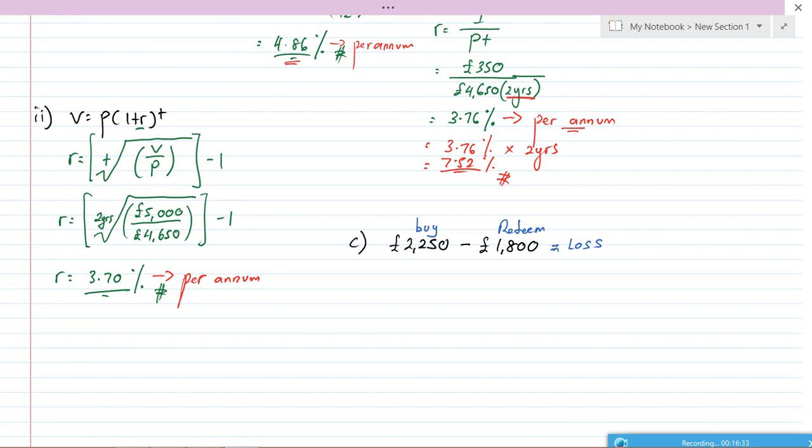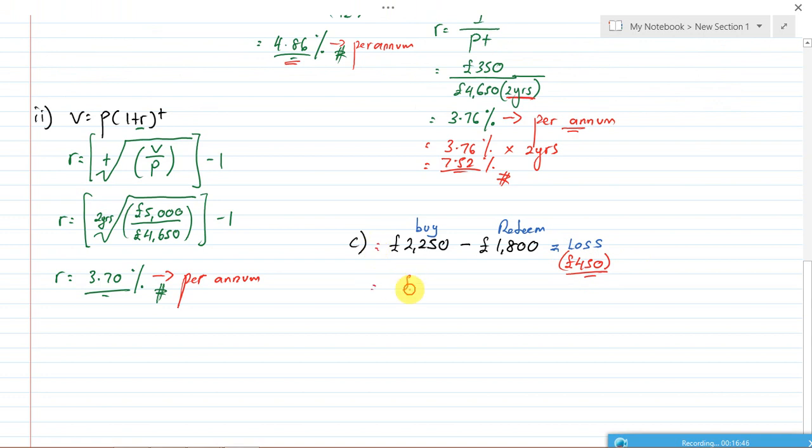You're going to lose by 450. We already know this is our loss, this is our value. But we're going to calculate the percentage.